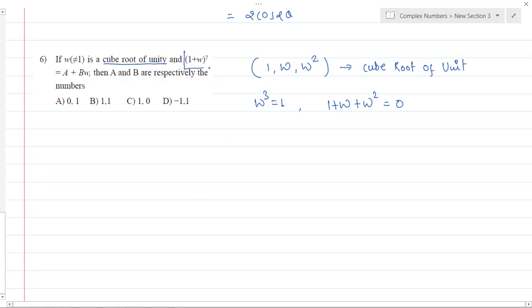What they are asking is that (1 plus omega) to the power 7 is equal to a plus b omega, then find the values of a and b. That means I first want to find the value of this, and if I compare it with a plus b omega, then I will get the values of a and b. So let's try to complete that.